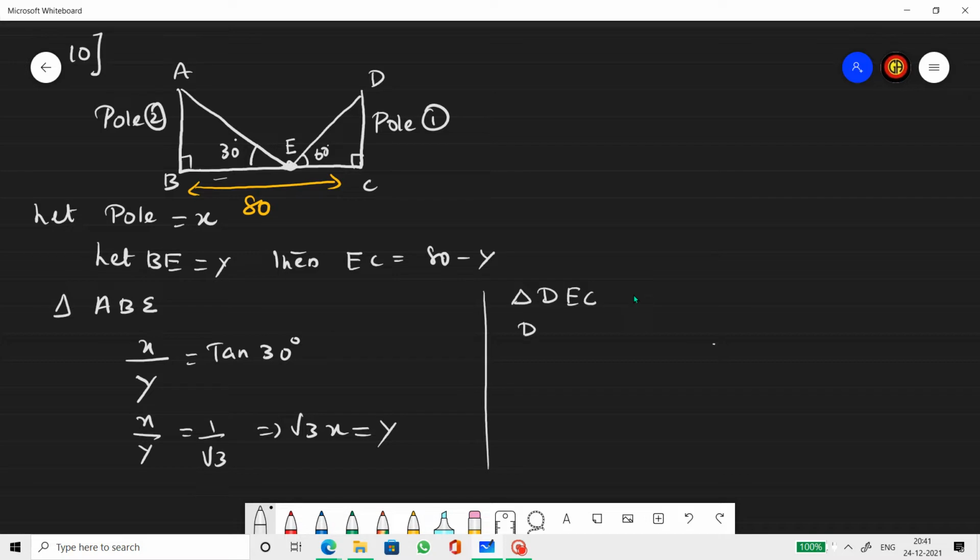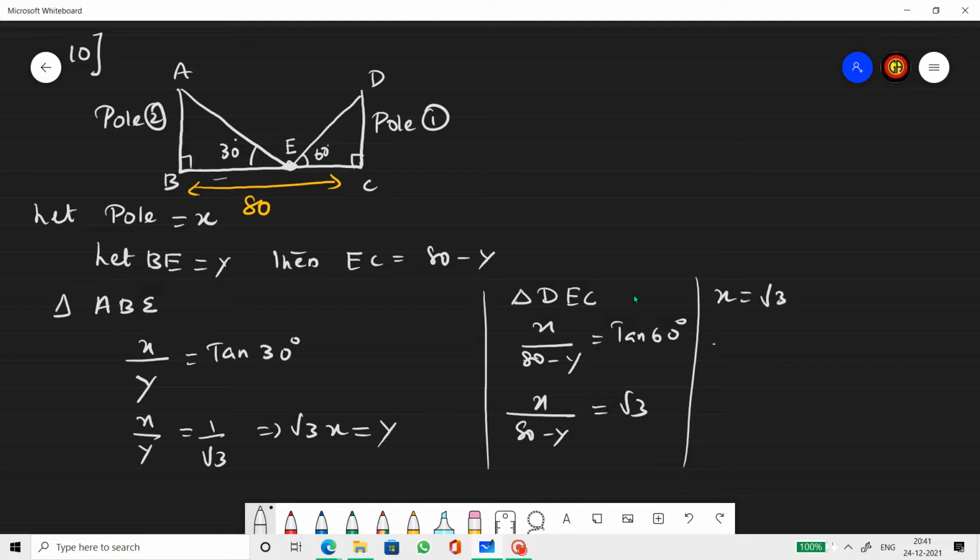So DC, which is x, by EC, which is 80 minus y, equals tan 60. So x by 80 minus y equals root 3. So x equals root 3 times 80 minus y. Don't forget to put the brackets. Root 3 times 80 minus y.